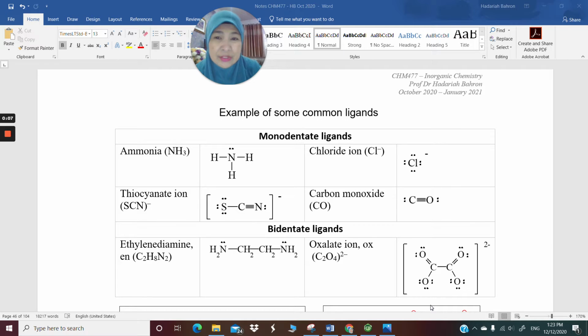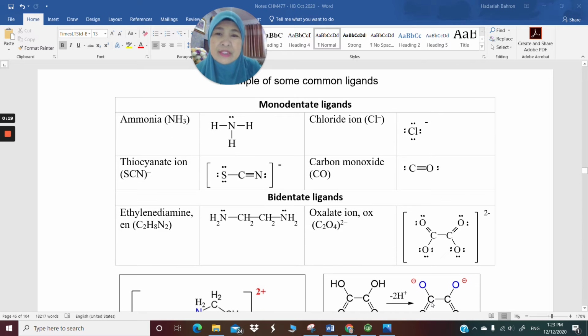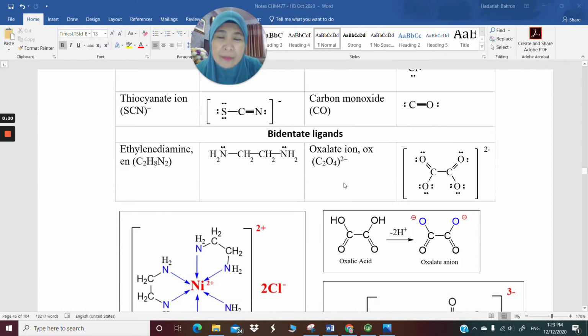Today we continue my lecture for CHM477 Inorganic Chemistry. In my previous lecture, I deliberated on monodentate ligands, which are ligands having only one donor atom, and bidentate ligands, which are ligands having two donor atoms in a molecule or in an ion.